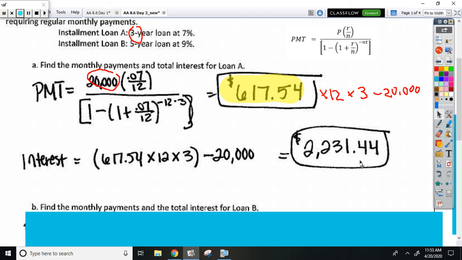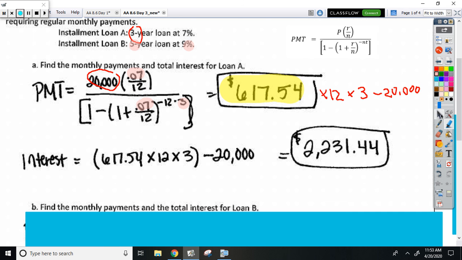We're going to do the exact same thing in part B, but in part B, we're going to be using our 5 years, our 9%. So we're just going to change these to 0.05, and these to 0.09, and this 3 years to 5 years.